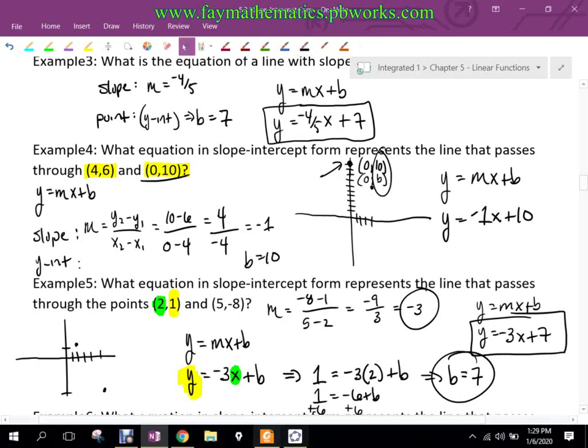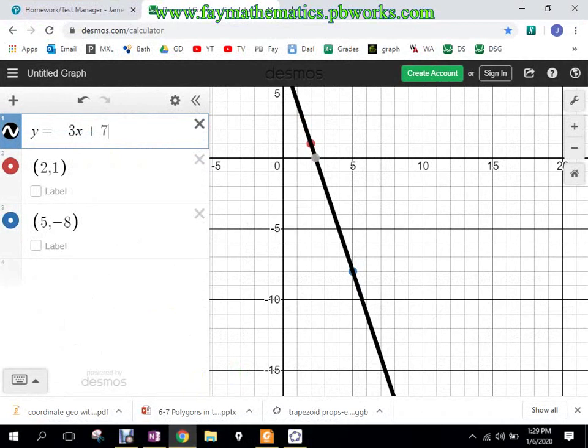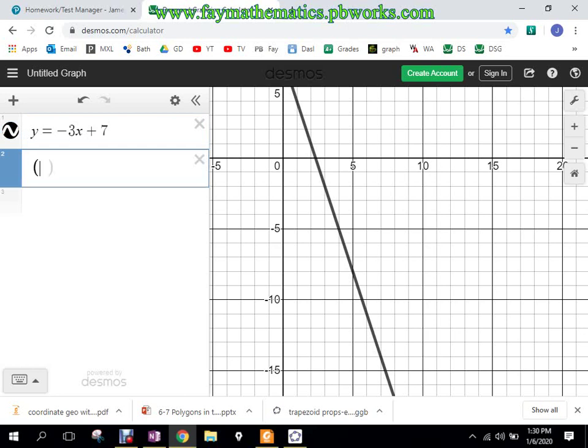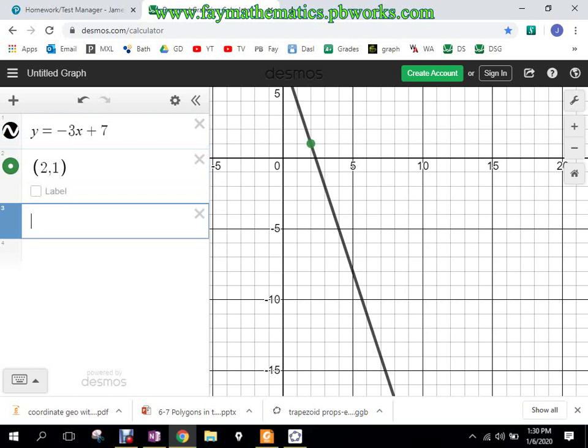Okay? Something that I think is important, guys, and I know I told you that I don't want you having your computers out, okay, but over the next couple of weeks, you can have your computers out, but I want you on Desmos for this purpose. If I graph my line, I just type that in right there. Now I'm going to type in the points 2, 1, and then the point 5, negative 8.